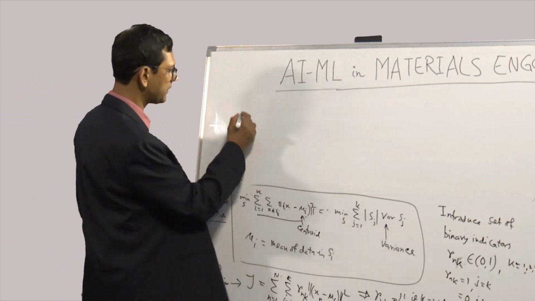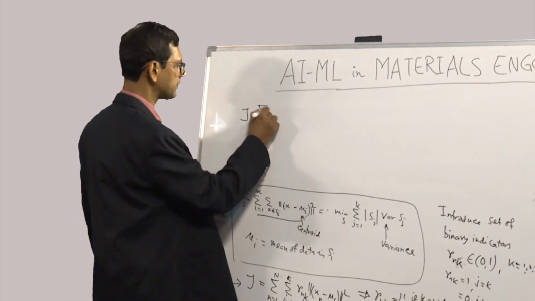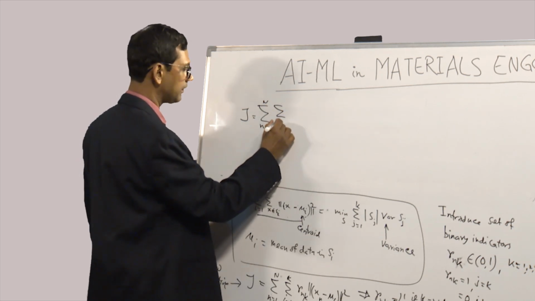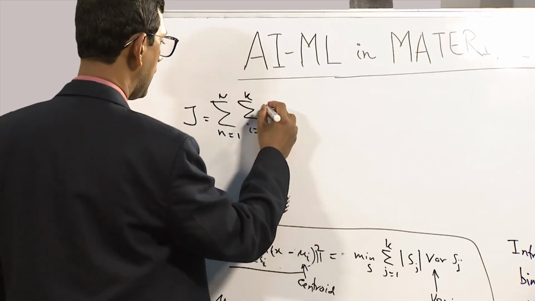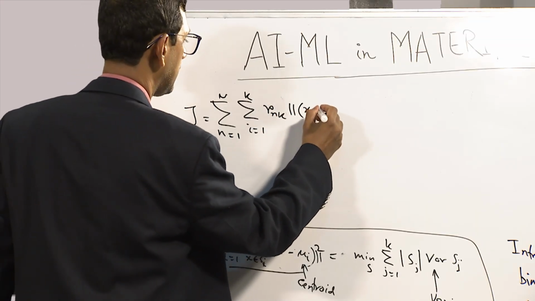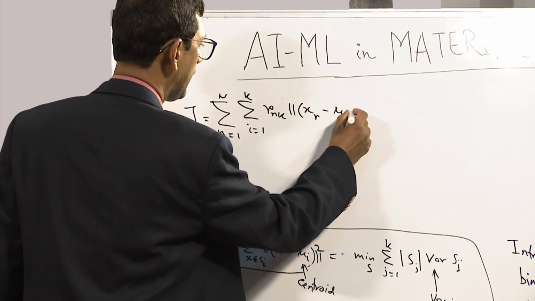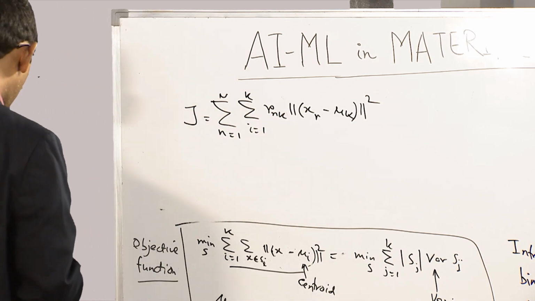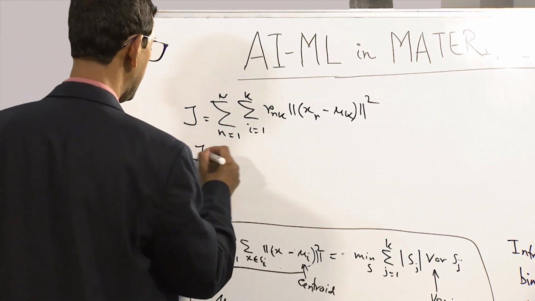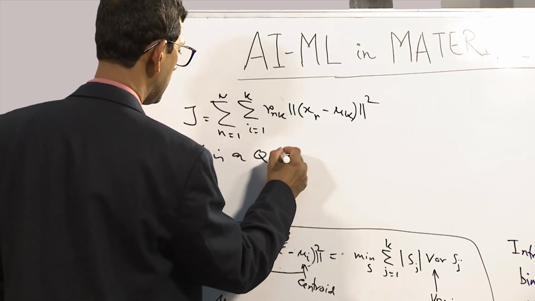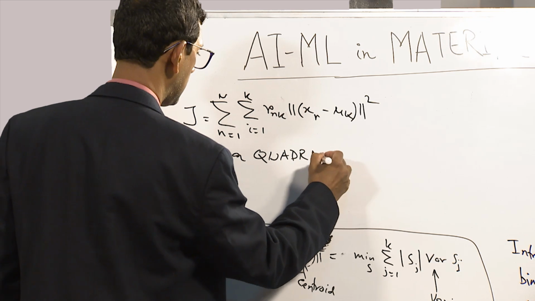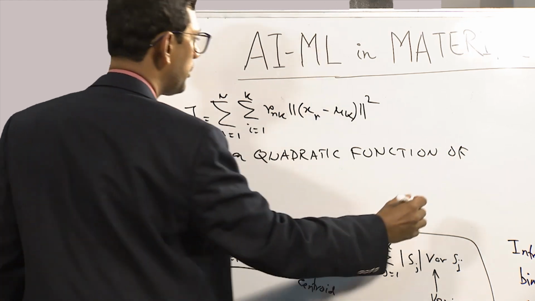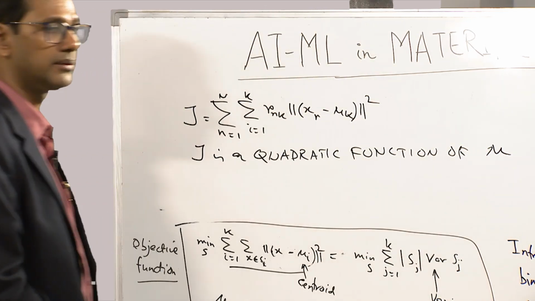I write it down here again: the sum over n from 1 to N and over k from 1 to K of r_nk times the norm of x_n minus mu_k squared. So, once r_nk is known, J is a quadratic function of mu, right.